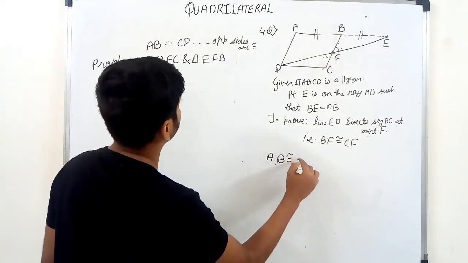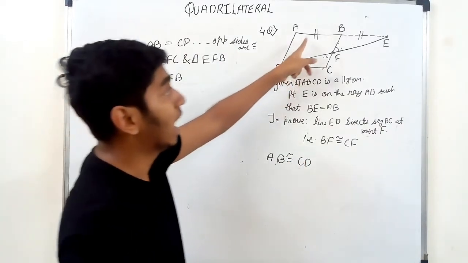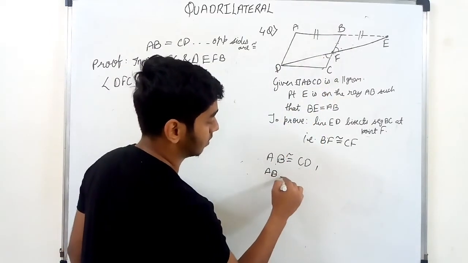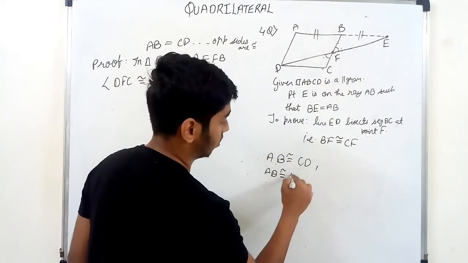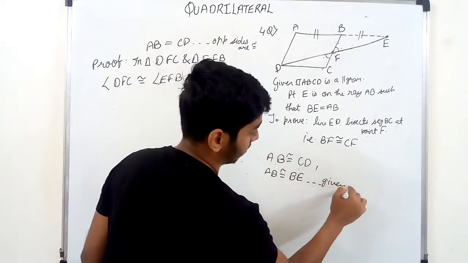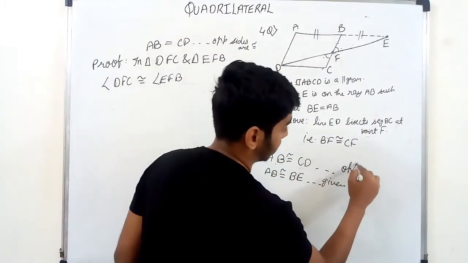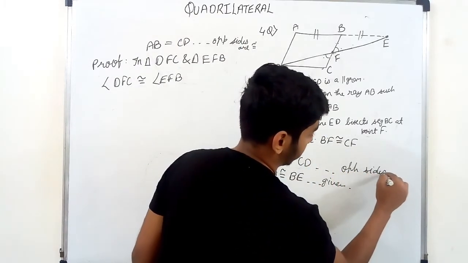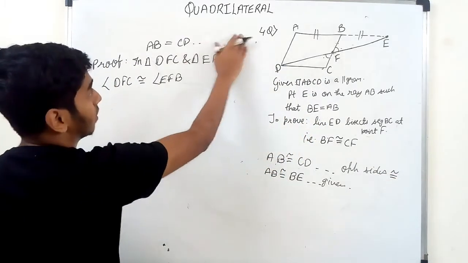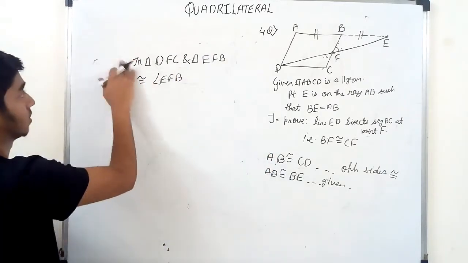AB is congruent to CD, from this, and this is given already. AB is congruent to DE, that is already given. So for this, the reason is opposite sides congruent. So the proof starts here.